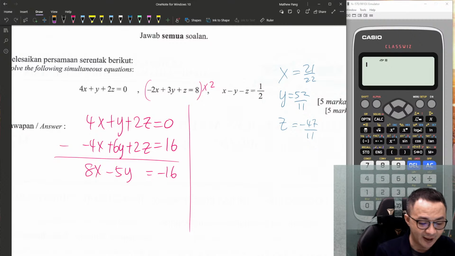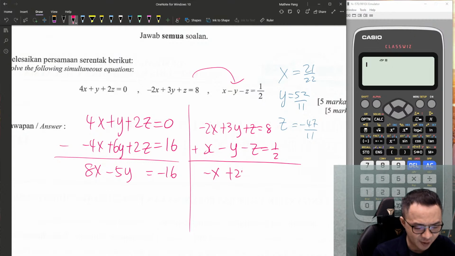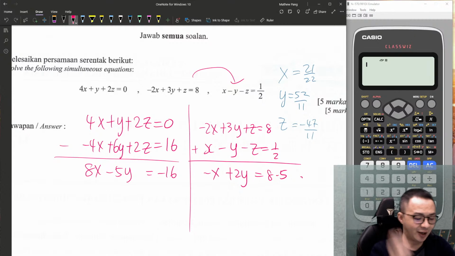Then I want to eliminate the z, so I will solve this equation with this equation: -2x plus 3y plus z equals to 8, x minus y minus z equals to 1/2. I will just plus them to eliminate them, so I get -x plus 2y equals to 8.5. Now no more z already. I will eliminate x.